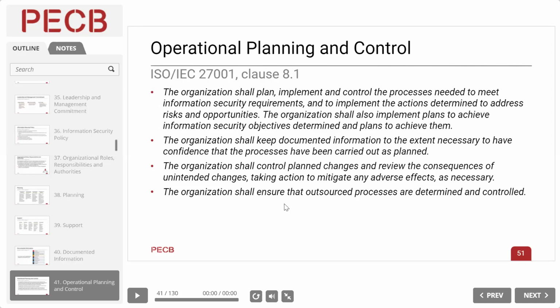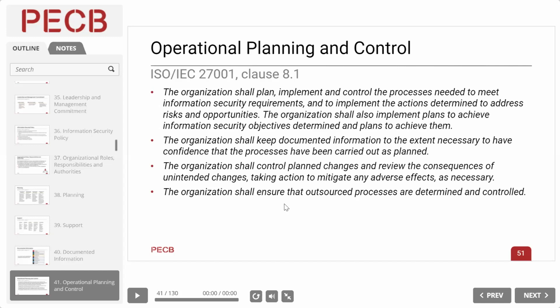That gives me confidence that the process is being carried out as planned, as expected. So that if today a new person is appointed to that role, they can pick up the process documentation and know what to do. That is the value of documented information.